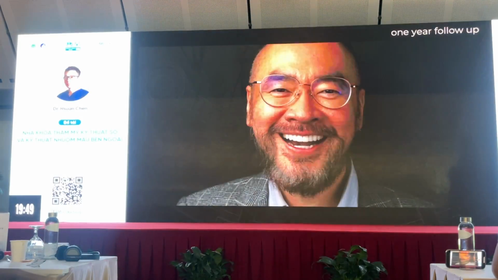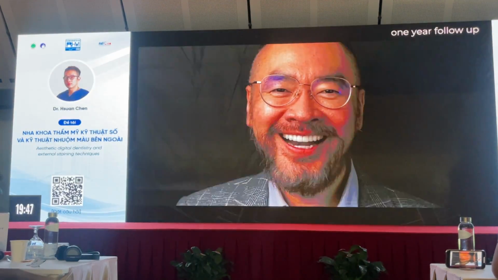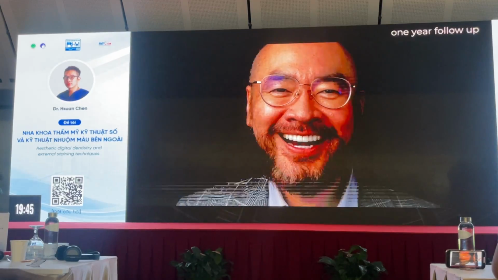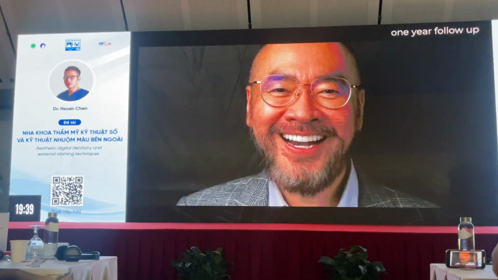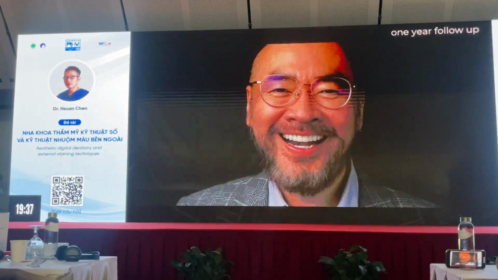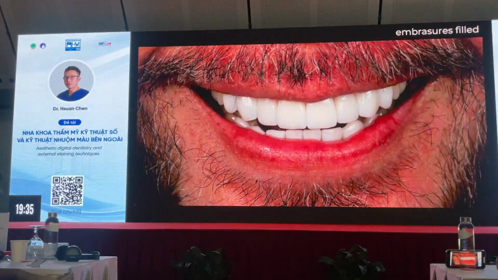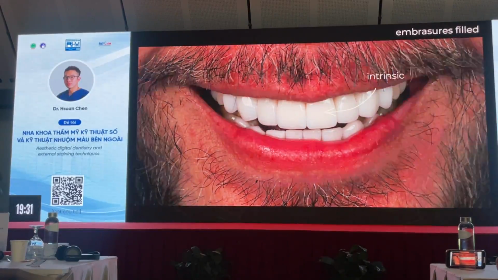So this is the 1 year follow-up. Remember that we changed a lot of his tooth structure because the functional difference is also very different. Again, I'm going to zoom in and take a look at these teeth. If you look at these teeth, it's the same as before.